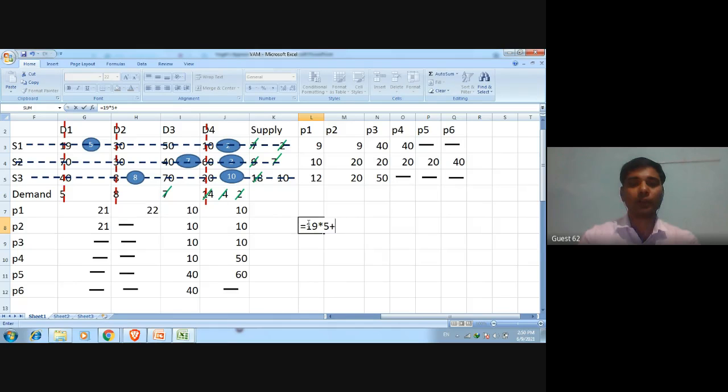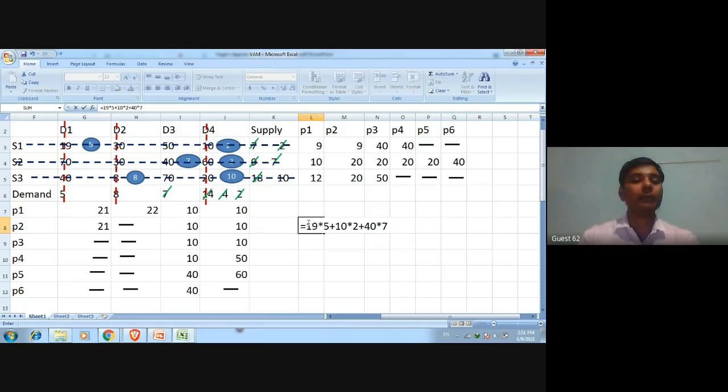So here 10 into 2 plus, again plant S2 has supplied 7 units at the rate of 40. So 40 into 7.